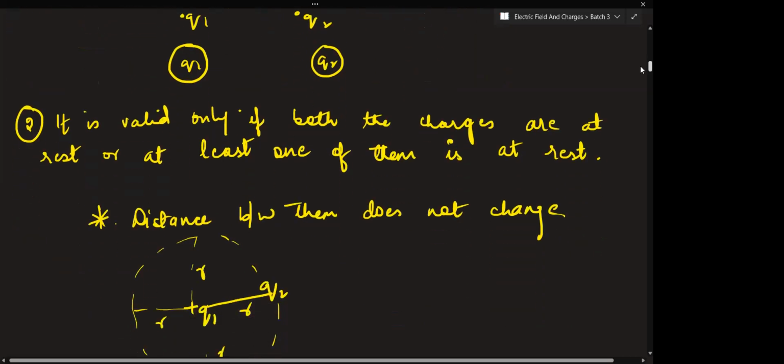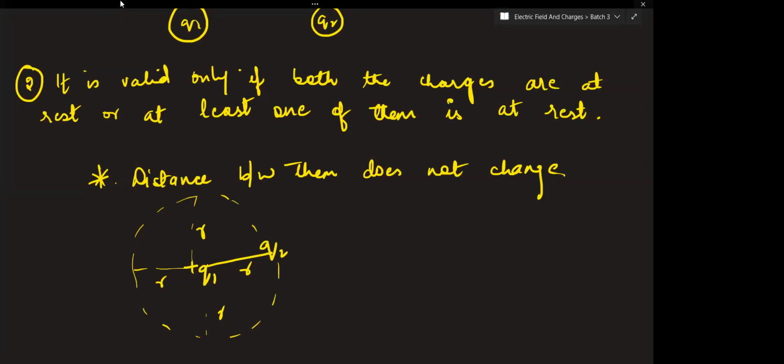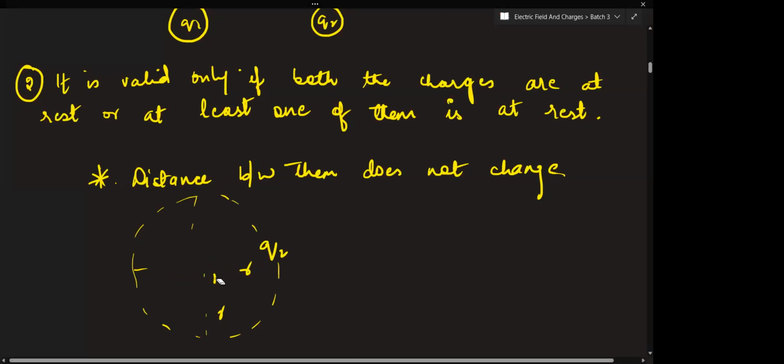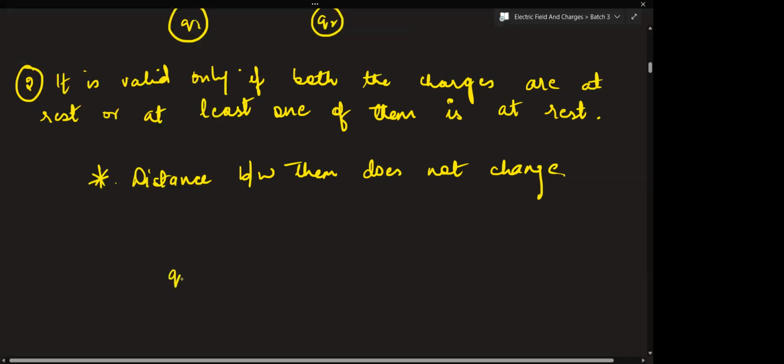The second point of Coulomb's law says that both the charges should be at rest, or at least one of them should be at rest. This means that the distance between them should not change. For example, if Q1 and Q2 are two charges, Q1 is stationary, Q2 is moving.